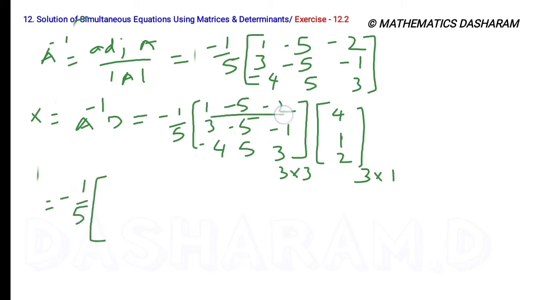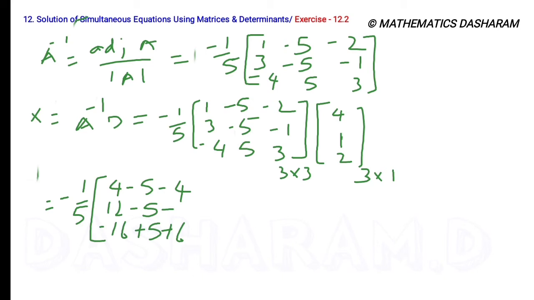First row, first column: 1 into 4 is 4, minus 5 into 1 is minus 5, minus 2 into 2 is minus 4. Second row, first column: 3 into 4 is 12, minus 5 into 1 is minus 5, minus 1 into 2 is minus 2. Third row, first column: minus 4 into 4 is minus 16, 5 into 1 is 5, 3 twos are 6.